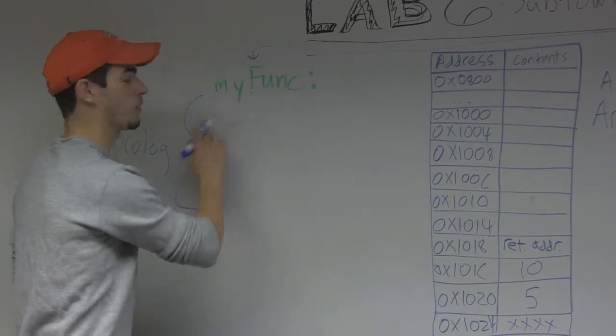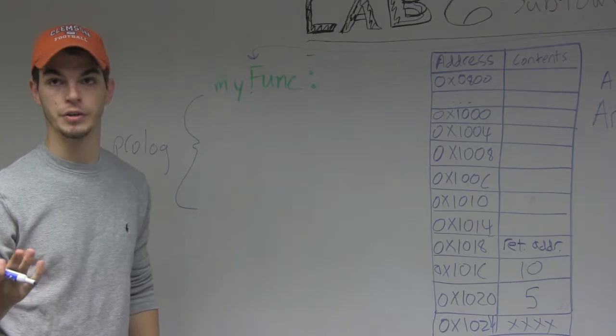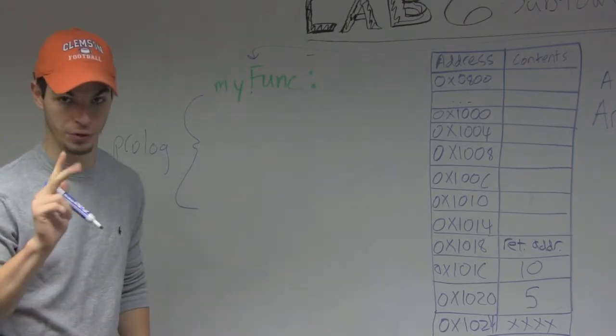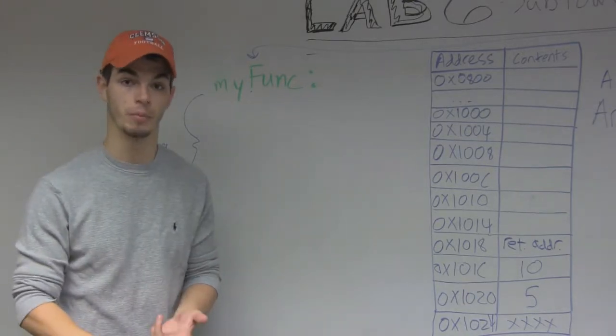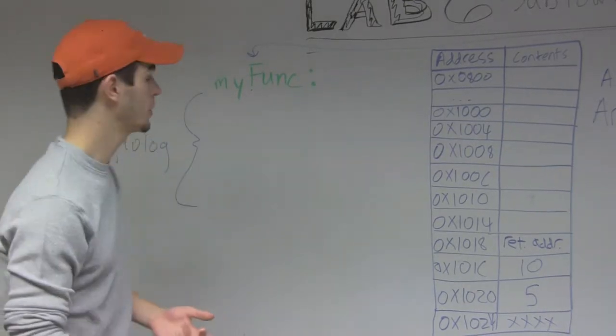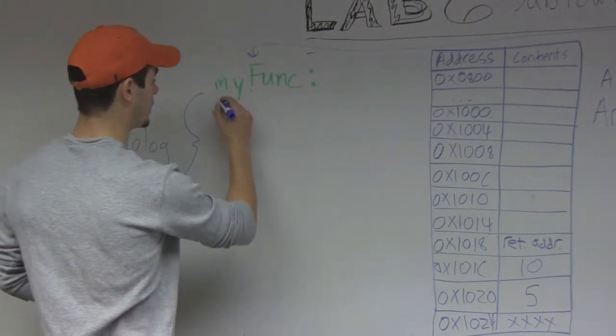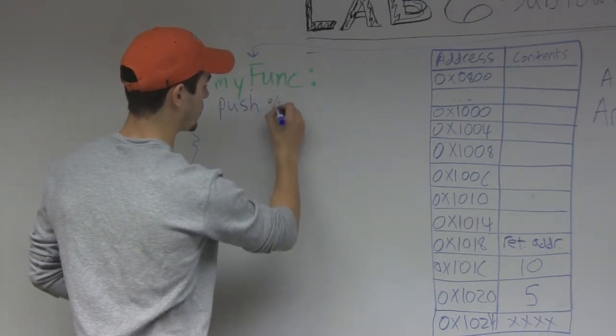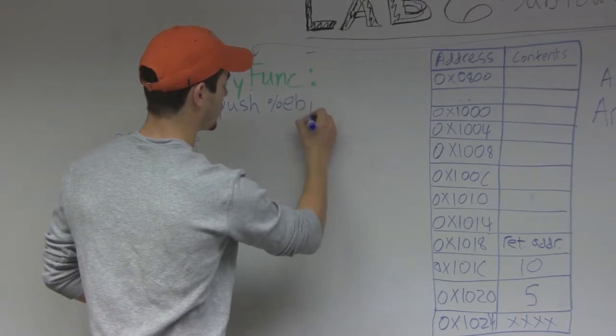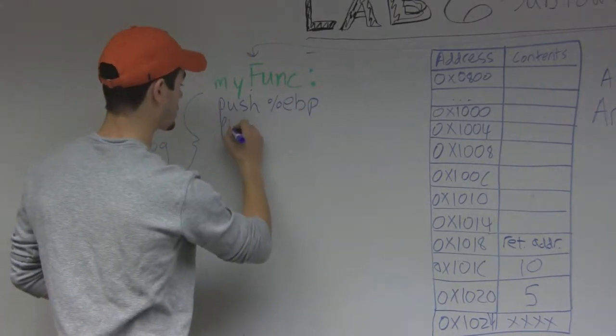So, as I said, the callee receives parameters based on two things. First, the prologue of the function, and secondly, the number of arguments passed into the function. So for this prologue, let's push, we'll save 3 registers.